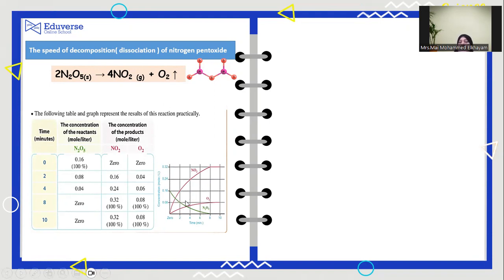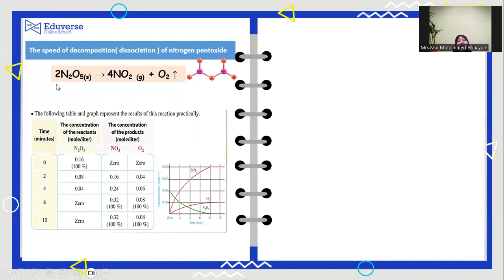But which one of them is the oxygen gas and which one is the nitrogen dioxide? Please look at the concentration of oxygen. It is 0.08 mole per liter, while the concentration of nitrogen pentoxide is 0.16. You can say that this number is double this number. And the concentration of nitrogen dioxide is 0.32, which is also double 0.16, or 4 times 0.08.